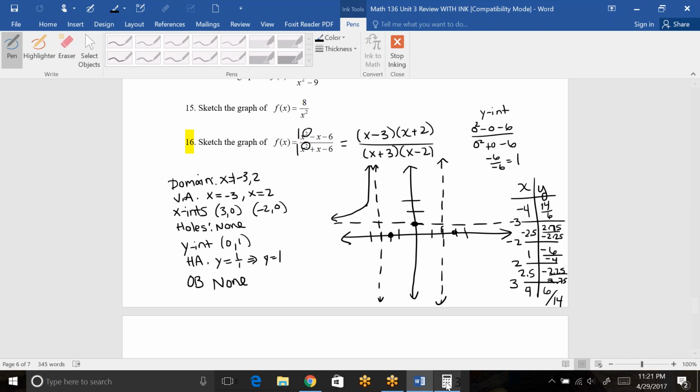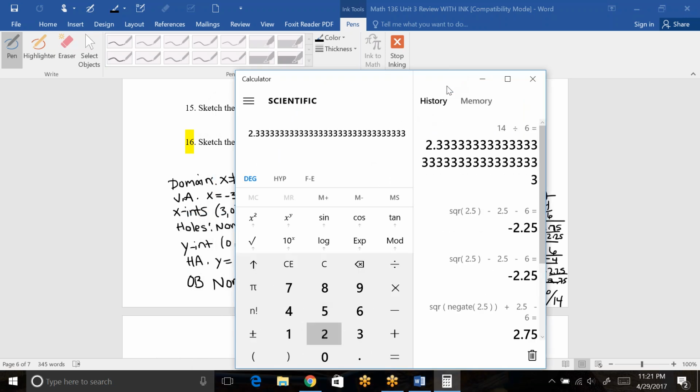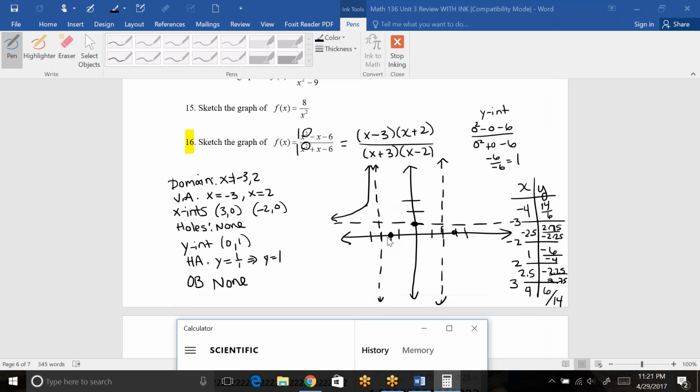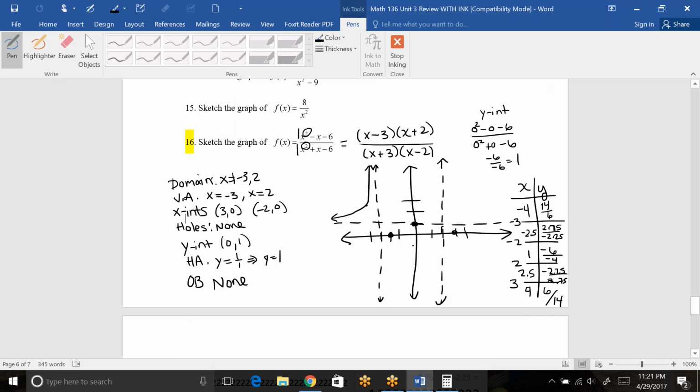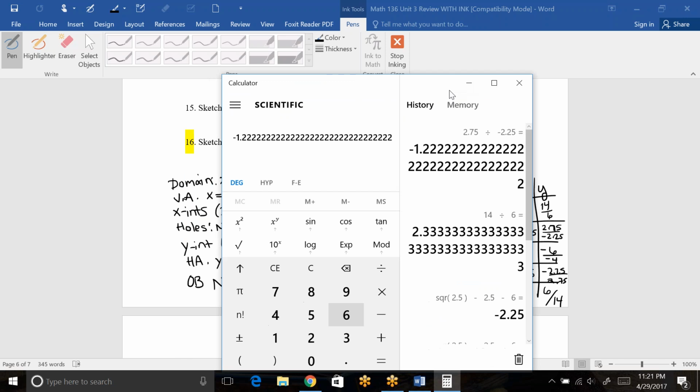If we look at this one, 2.75 divided by -2.25, that is -1.2. So -2.5 is down at -1.2. So notice that does tell me that I look like I'm headed down from this point right here. And then this one ended up being a -6 over a -4. That's actually going to turn out positive.